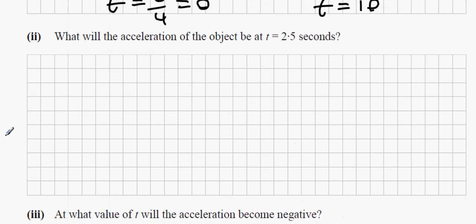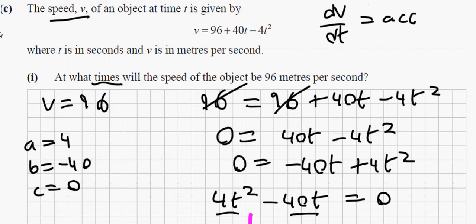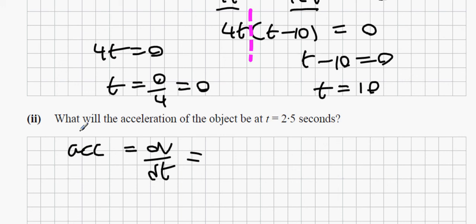What will the acceleration of the object be at 2.5 seconds? Acceleration is equal to dv/dt for this one, and that means that we've got to differentiate it. v equals 96 plus 40t minus 4t squared.